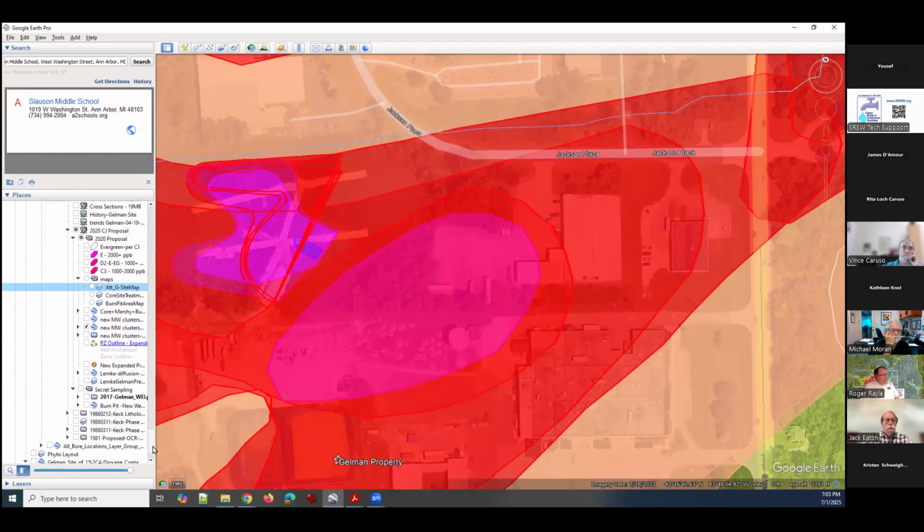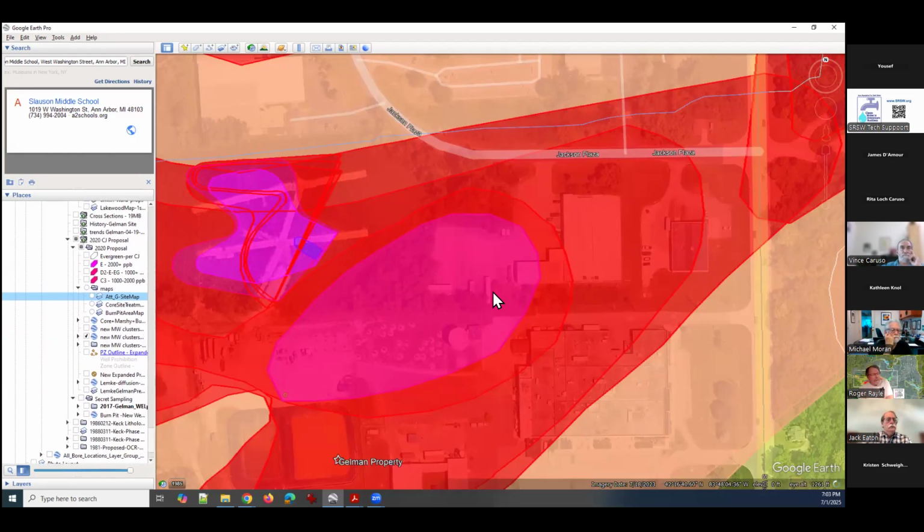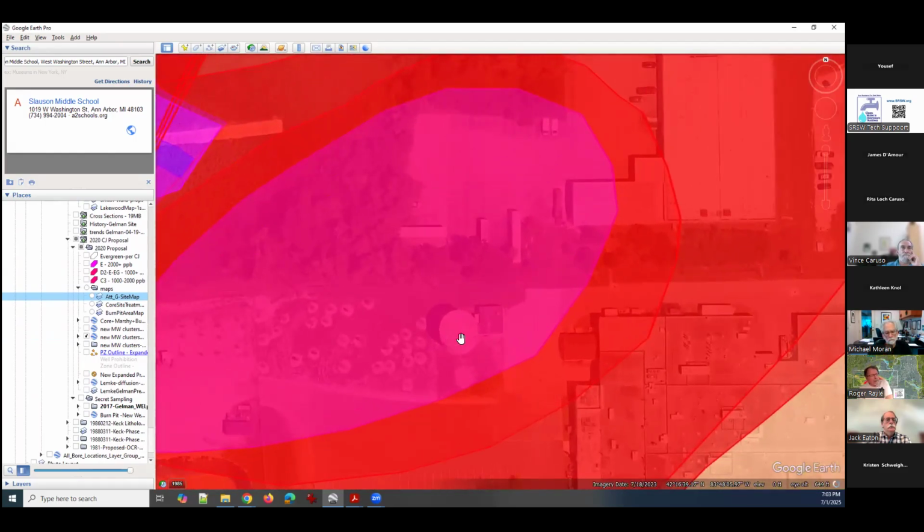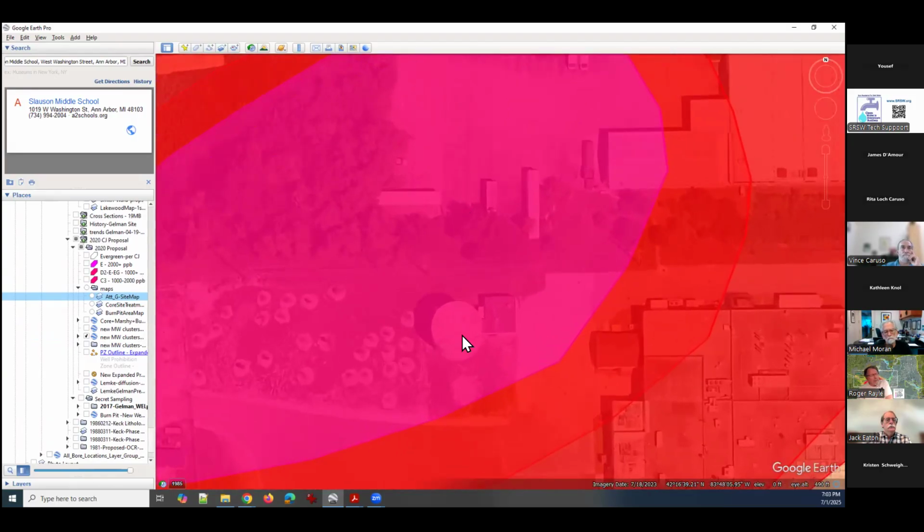I had it up earlier, but anyway, that well is still active even though the water tower is gone. I think this structure here is a tank, a water tank, and that's probably where the water's being housed.